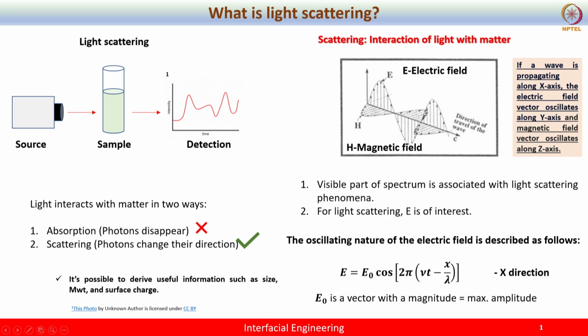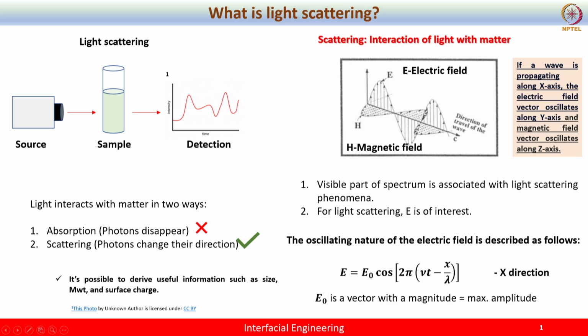We decode the information from the raw data that we collect, and we can find various parameters like size, molecular weight, and surface charge. All these can be found from light scattering techniques, be it Mastersizer, dynamic light scattering, or Zetasizer, electrophoretic light scattering.